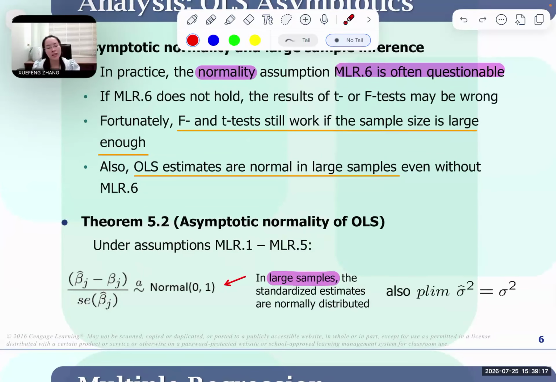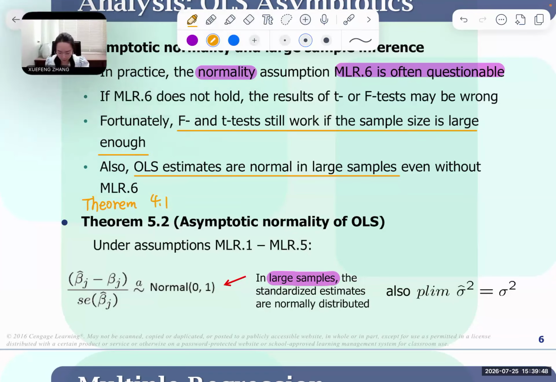Let's compare this to theorem 4.1 from the last chapter. Same looking formula, but there it was exact, and it required normality.